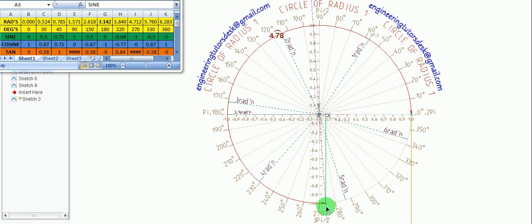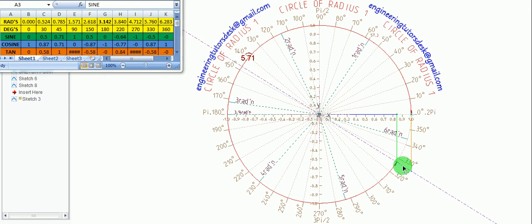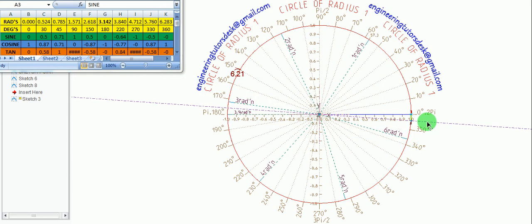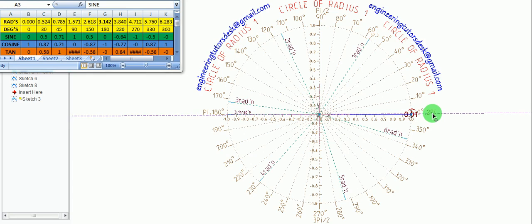When we cross 270 degrees, then again the tangent line will intersect with the angle subtending line and its height will go on reducing till 360 degrees, and at 360 degrees the height of the tan will be 0.